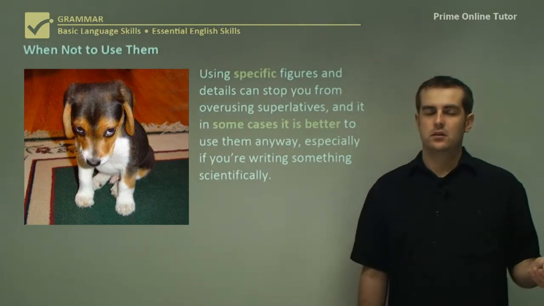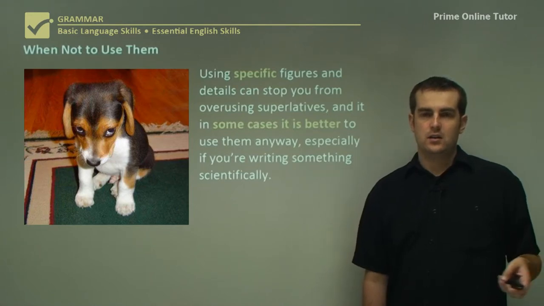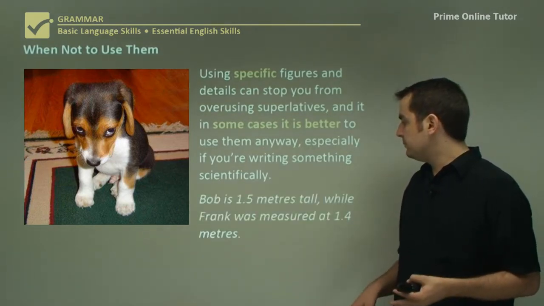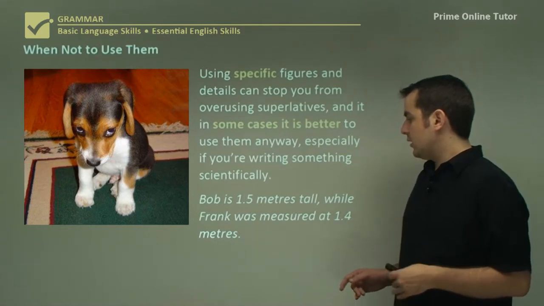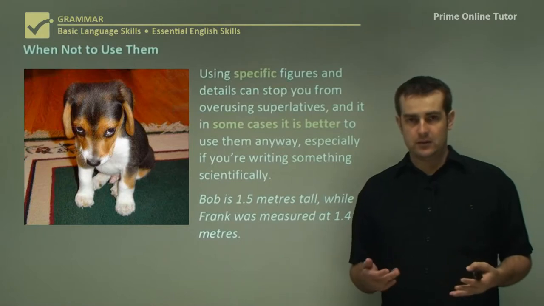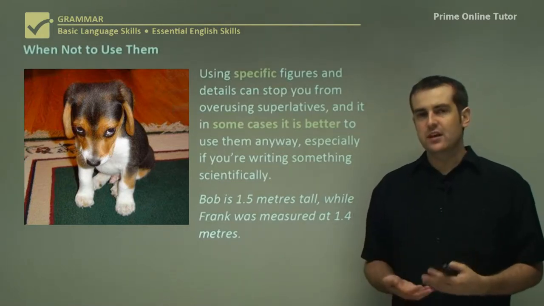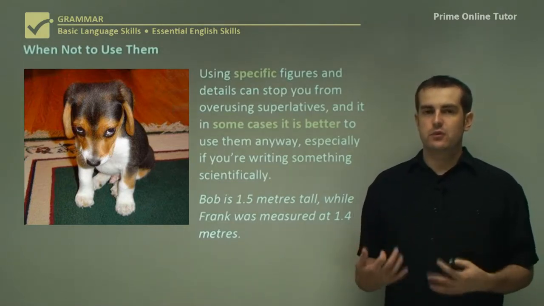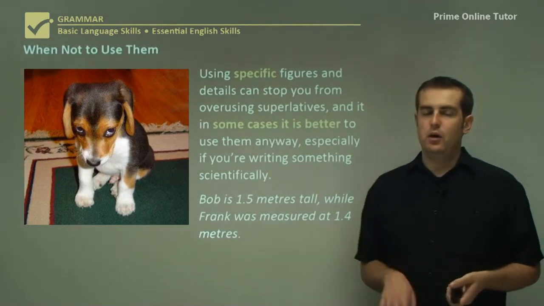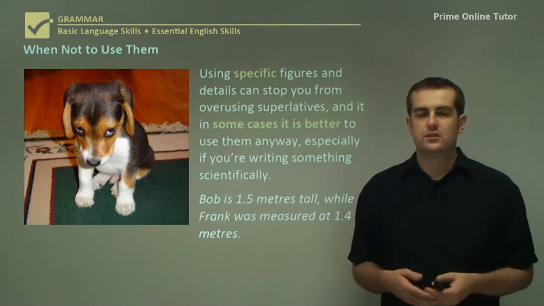That's your evidence. So instead of saying that it's bigger or smaller, use the exact details. For instance, Bob is 1.5 meters tall, while Frank is measured at 1.4 meters. Having those exact details means you've got the results right there, crystal clear, and you don't have to use a superlative to emphasize the difference between the two of them.